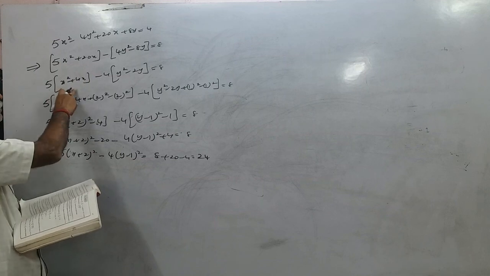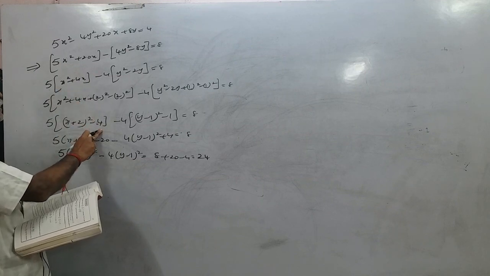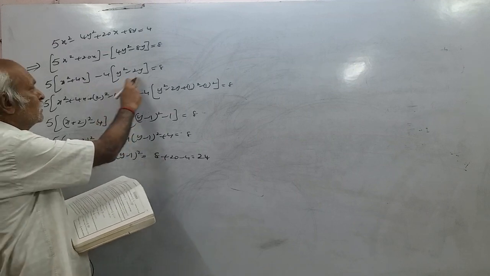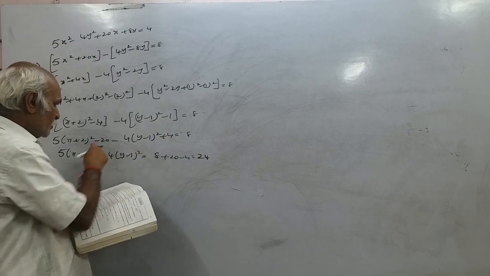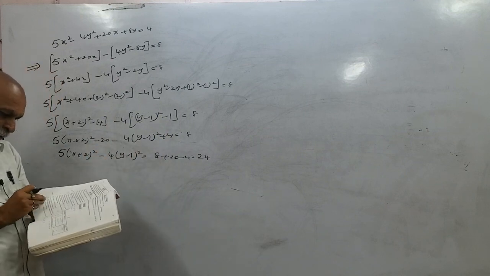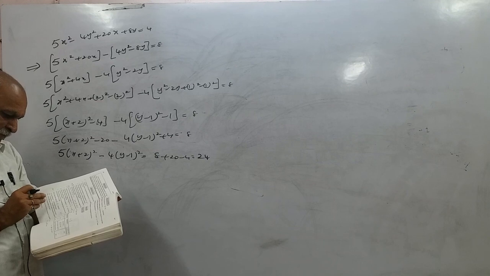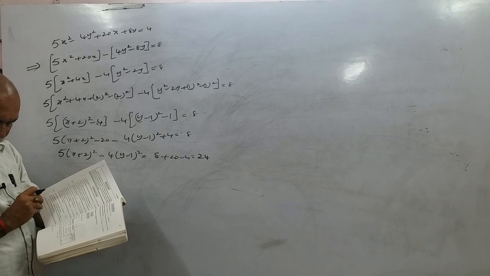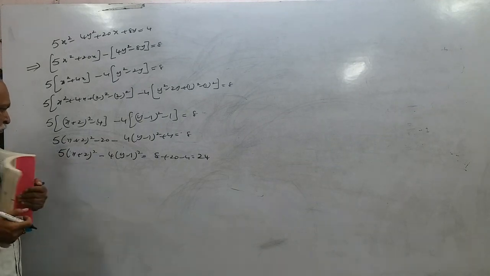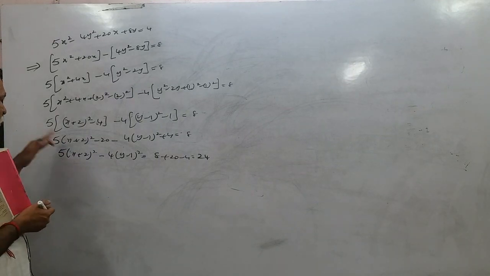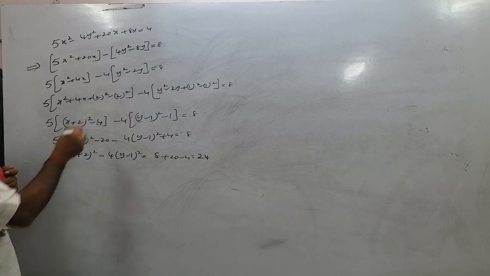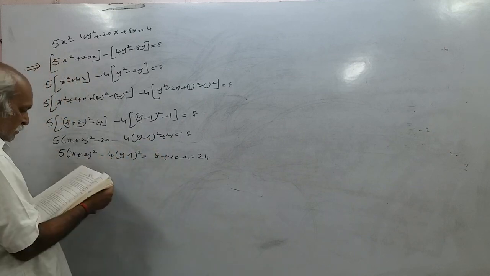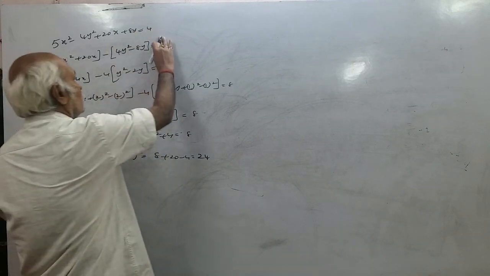So 5x² + 4x... plus 2, minus 20 here, plus 2y, so plus 1 minus 1, so plus 4. Okay, sorry, it is 4, not 8.